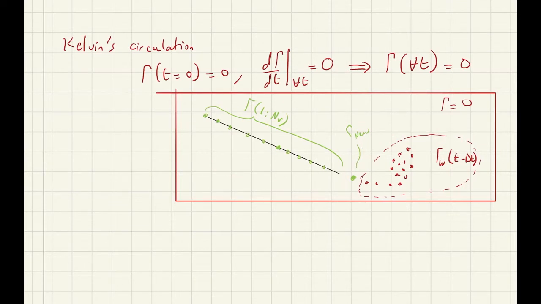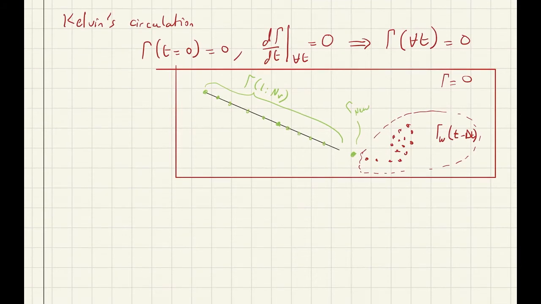So how do we formulate this in equation form? Let's say we have NV bound vortices shown here. We can sum the circulation: gamma 1 corresponding to the first bound vortex plus gamma 2 corresponding to the second bound vortex, and so forth, until gamma NV, which is the last bound vortex.